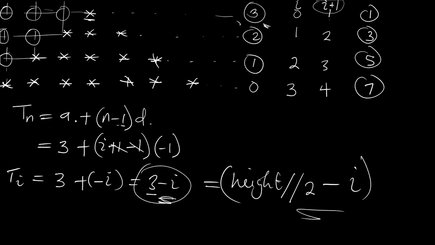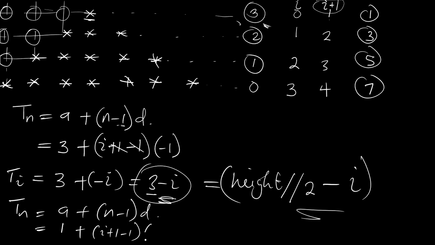Now using this principle to also find the nth term for this, we say Tn is equal to a plus n minus 1 times d. Now you have the first one to be 1 plus n is i plus 1 minus 1. The difference is 2. So the 1 will cancel out.